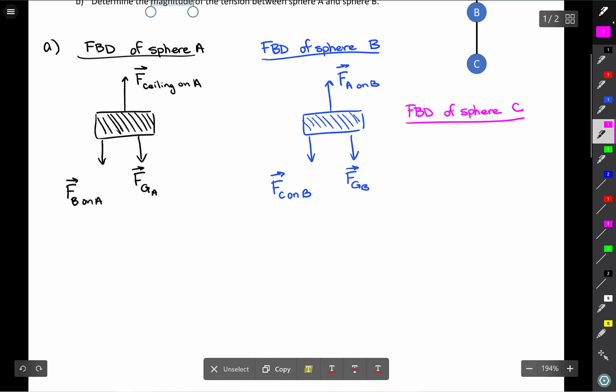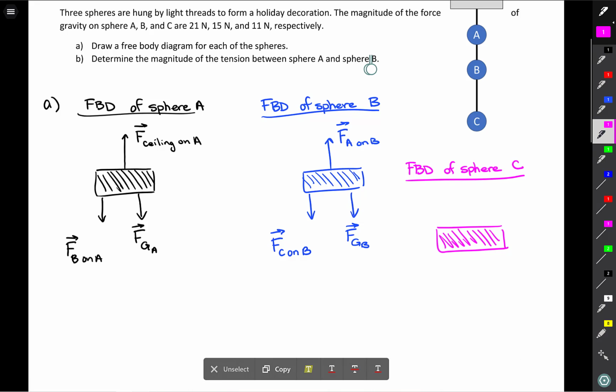I'll draw my box to represent sphere C. If you look at the diagram here, we have a single thread acting upwards on sphere C, which we're going to say is the force of B pulling on sphere C. And now there are no downward threads acting on C, so the only downward force here would be the force of gravity acting on C. There we go. And these would be our free body diagrams of each of the spheres.